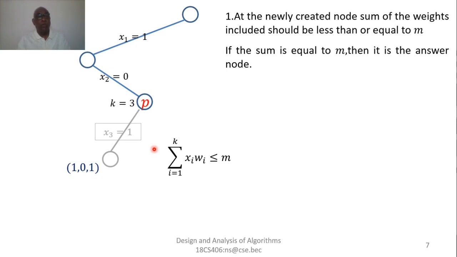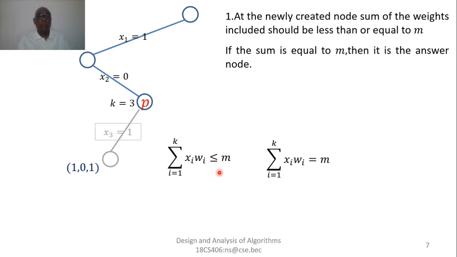Of course, if the sum is equal to m, then it is the answer node. If it is less than m, then we hope that we explore further and we'll be able to find some combination of weights so that this sum will be equal to m.